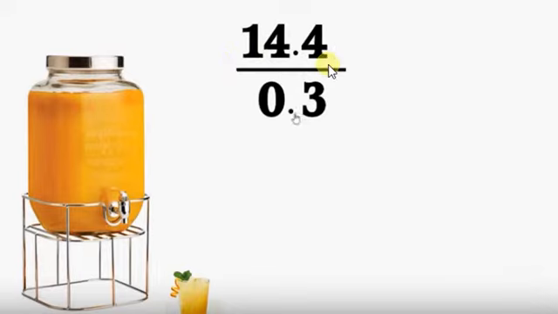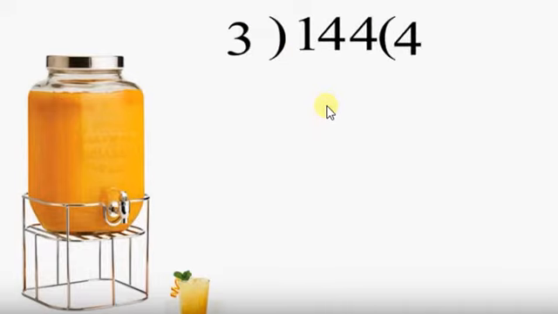And when you get the number of tumblers, they represent actually the number of people who will get the juice from the 14.4 liters tank. So to do that, you need to remove the decimal point from the divisor, which is the denominator, and it had one decimal place, so you move the 0.3 one decimal place towards the right.